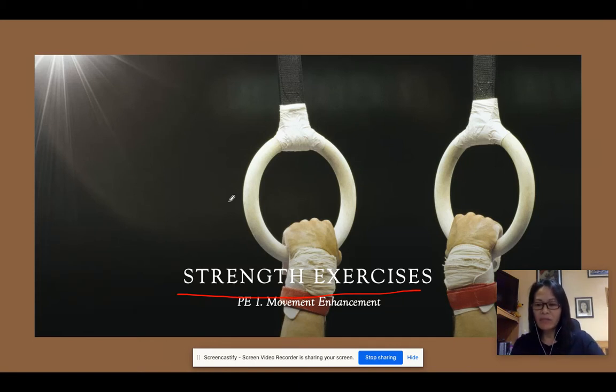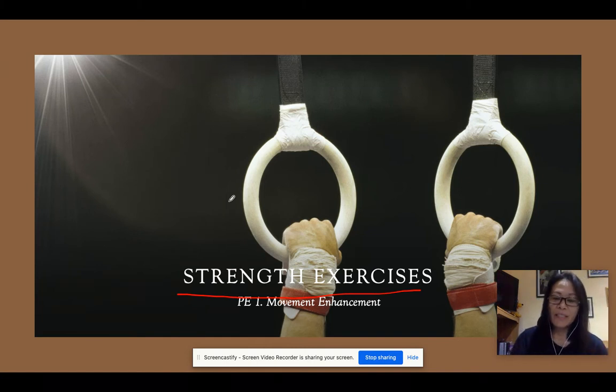It has to have the three major components: endurance exercises, strength exercises, and of course flexibility exercises. So these three components should be in your workout regime so that you have a balance type of workout activity. So these are strength exercises.